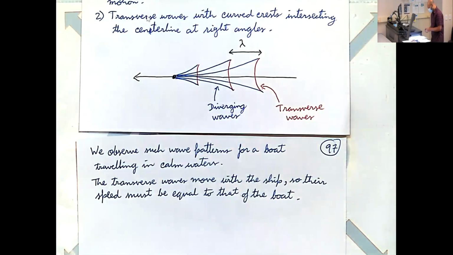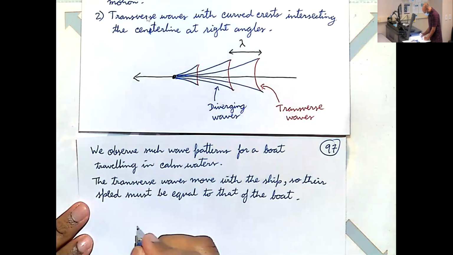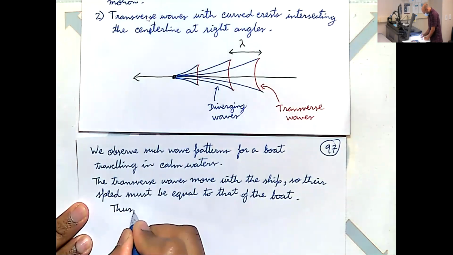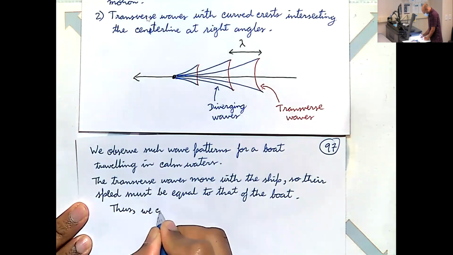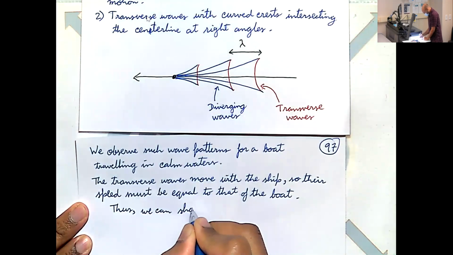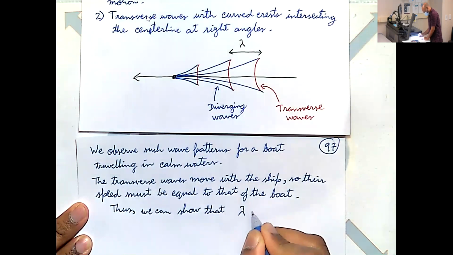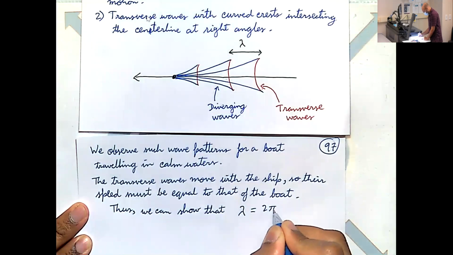And when you know that, you can predict that the value lambda is equal to 2 pi v squared over g.